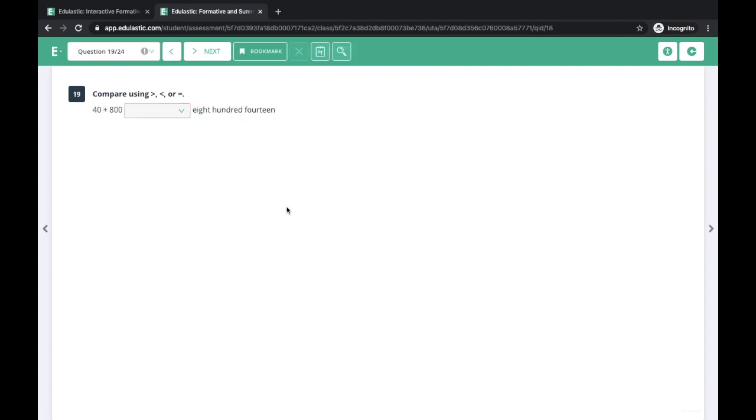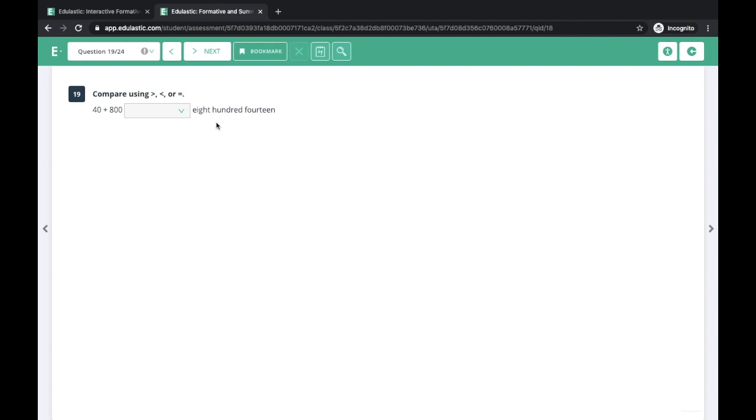Okay, now we see two numbers. Neither of them are in standard form. We see one number in expanded form and one number in word form. First, let's decide what these two numbers are in standard form. 40 plus 800 is the same as 840. Well, we have 814 in word form. So 840 and 814.